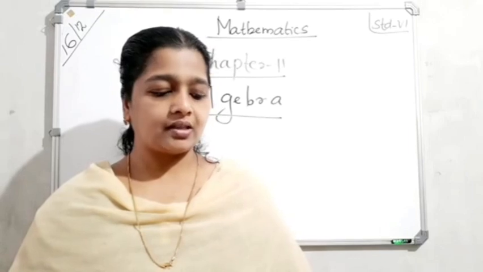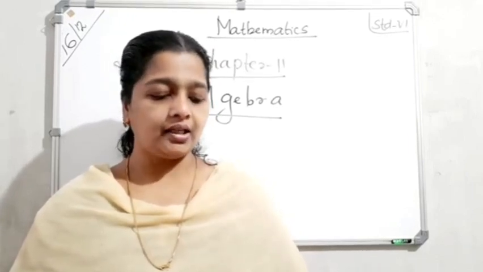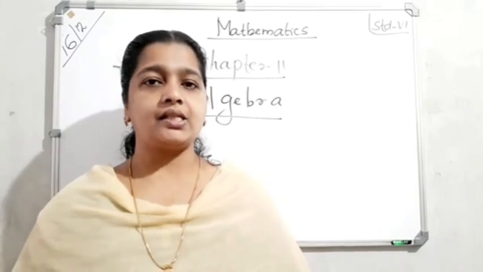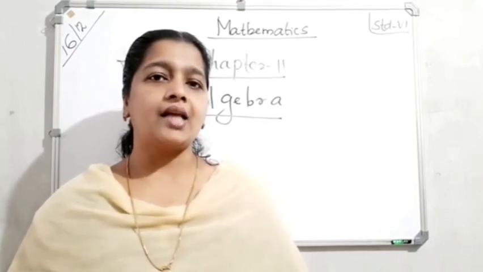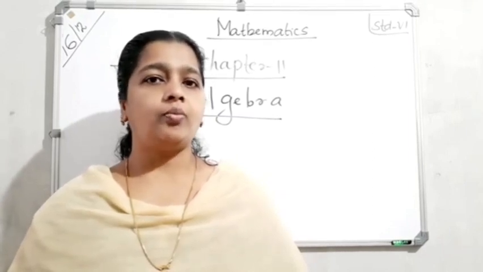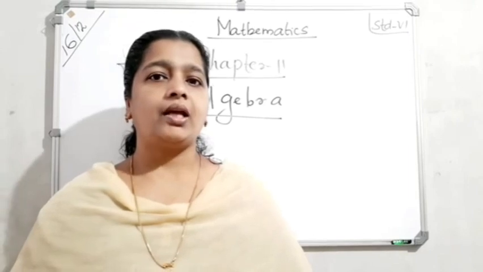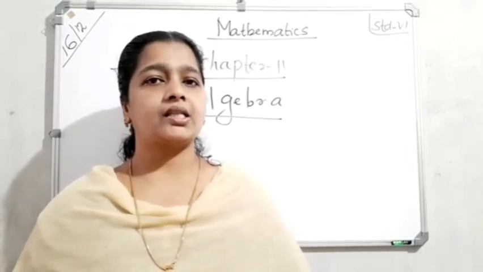So, first the introduction: our study so far has been with numbers and shapes, isn't it? In our mathematics, we have numbers, and using numbers we can solve problems. What are the basic operations? Addition, subtraction, multiplication and division.